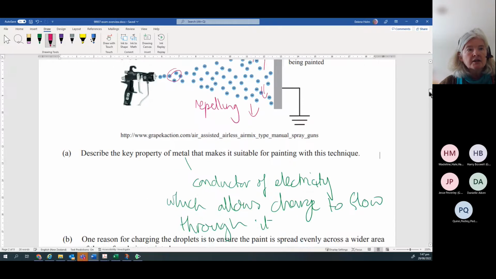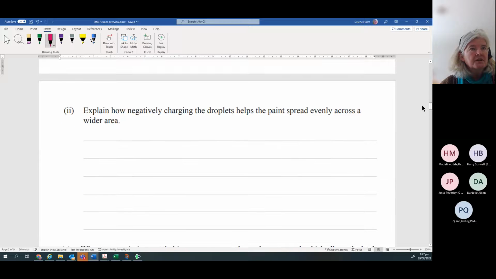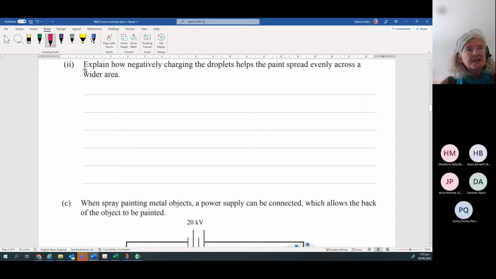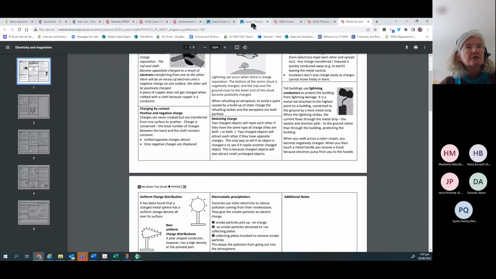Carrying on. Okay, now this is an explain question. It can go up to excellence if you see this. There's not that much space given, so it could be a merit level question, or it could be excellence. Let's have a quick look.